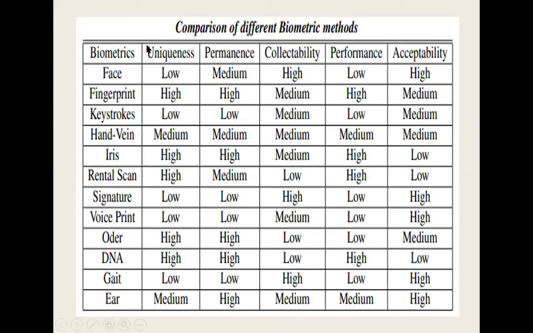We have to identify a unique representation for every image that we are representing. In terms of uniqueness, researchers are suggesting the fingerprint of a person, iris of a person, retinal scan of a person, odor and the DNA of the person, which are unique for every individual.